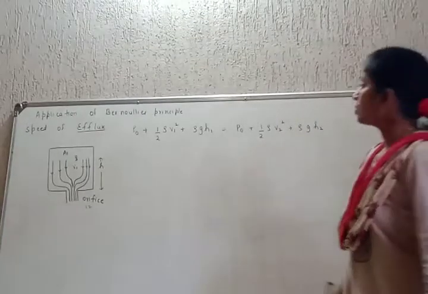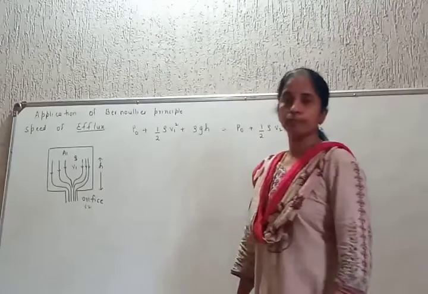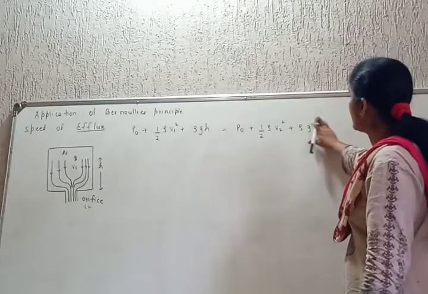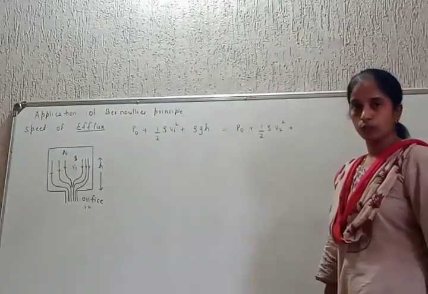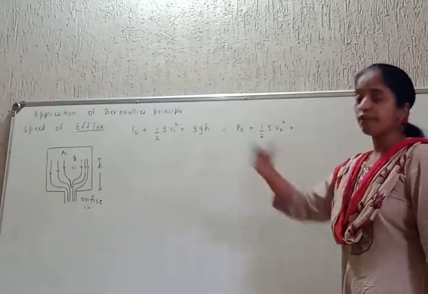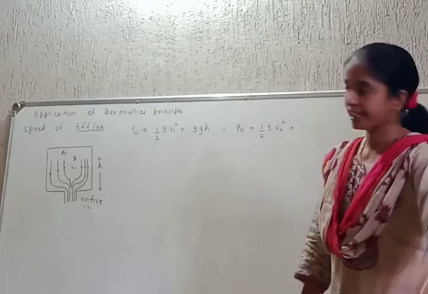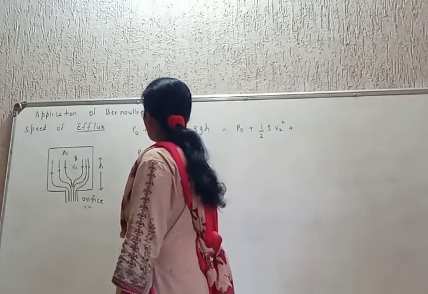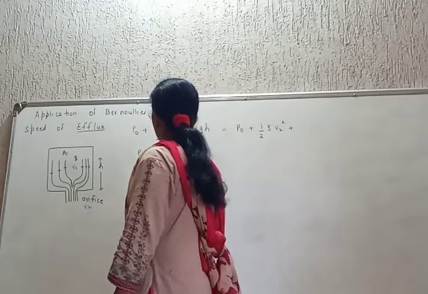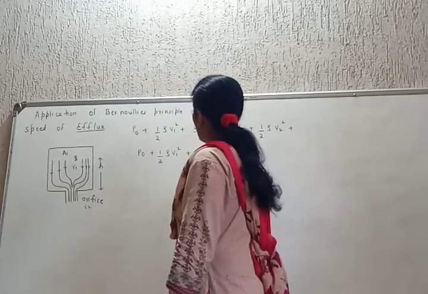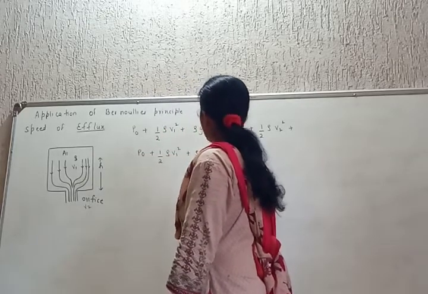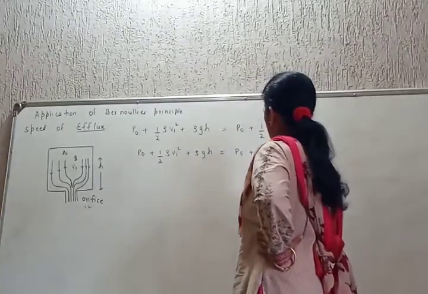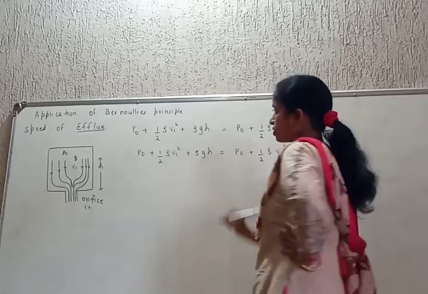Students, h is the only height concerned because in the tank the fluid is filled to a height h. Here it's not necessary to take h2, because the orifice is at the bottom of the tank. So what do we get here? Therefore P0 plus half rho V1 square plus rho g h is equal to P0 plus half rho V2 square.